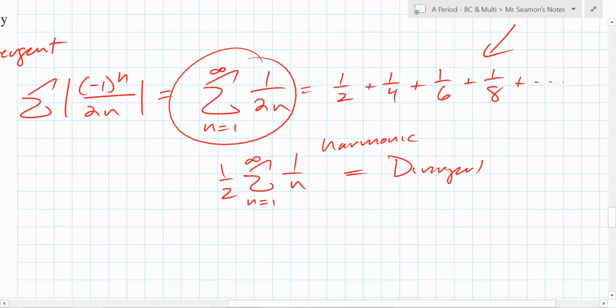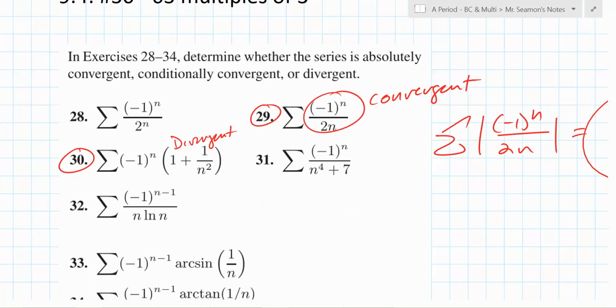Can you change the convergence or divergence of a series by multiplying by a constant? No. So all we've done is multiply the harmonic by a constant, so it doesn't change the convergence or divergence. The original alternating series is convergent, but the absolute value of it is divergent, so therefore it's conditionally convergent.